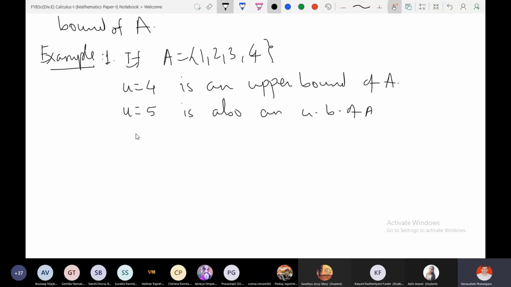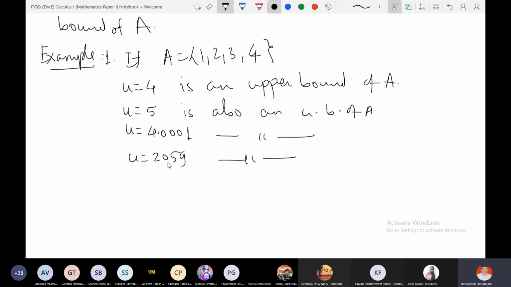If I take U equal to 4.0001, isn't it an upper bound? Yes. So U equal to 2059 is also an upper bound. You can choose any number greater than or equal to 4.